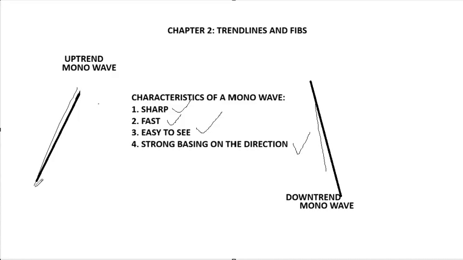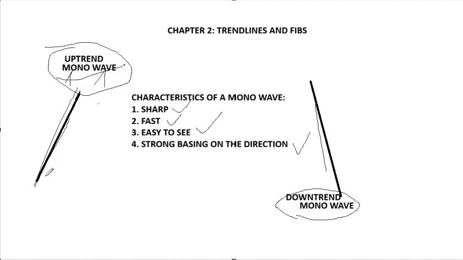These moves then, either up or down, are called our fast impulse or our fast mono wave. Alright, a mono wave, either to the downside or to the upside. What mono waves really mean is just fast wave or one wave, alright?